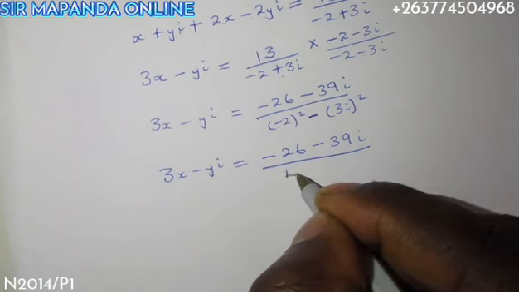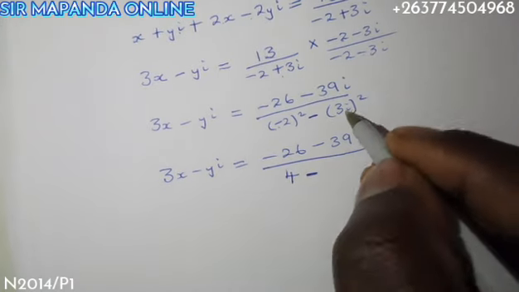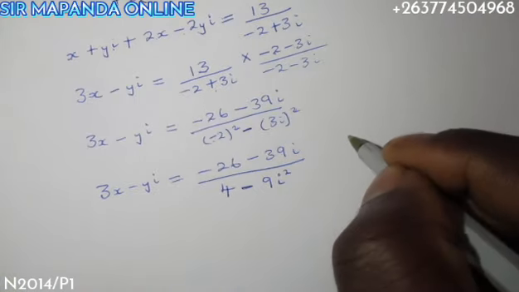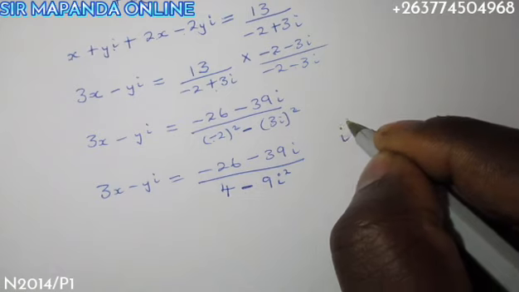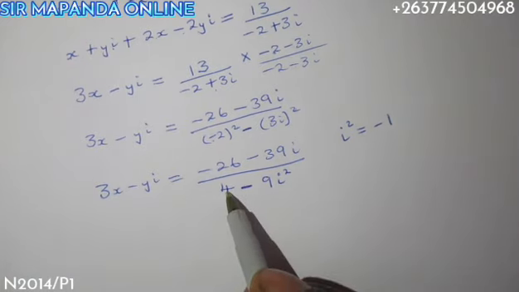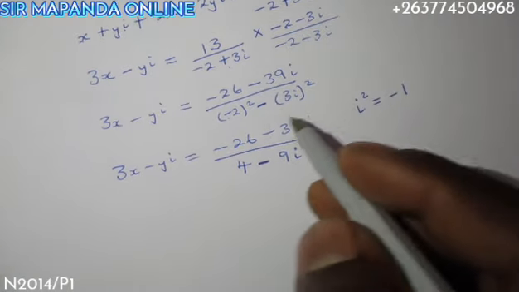Minus 2 squared is 4, then you put minus 3 squared, you get 9i squared. But take note that i squared is equivalent to minus 1. So since i squared is minus 1, we now have 4 plus 9 as our denominator, which is 13.